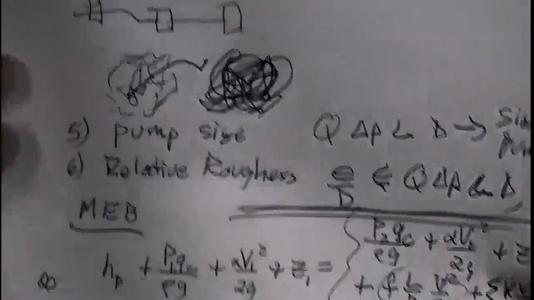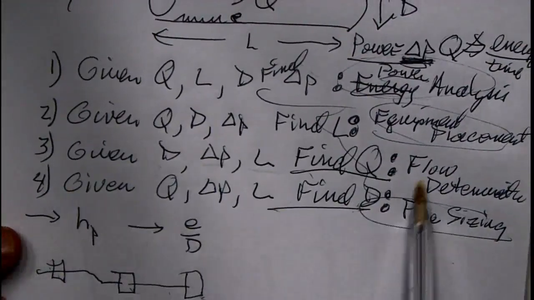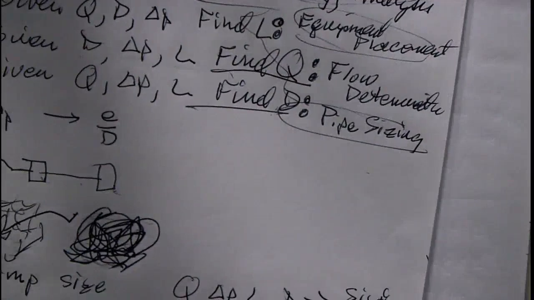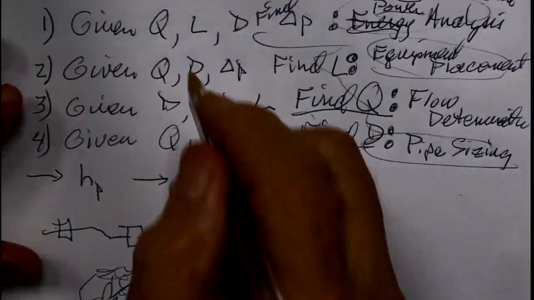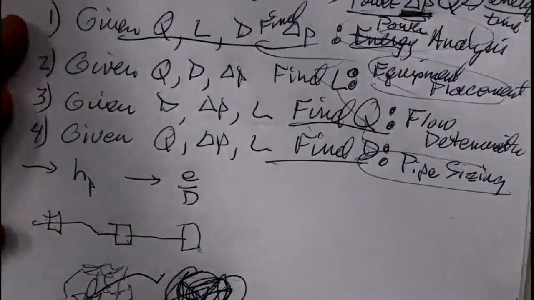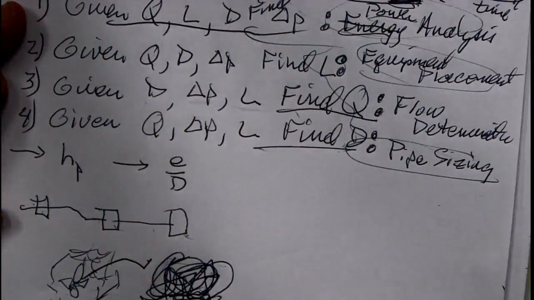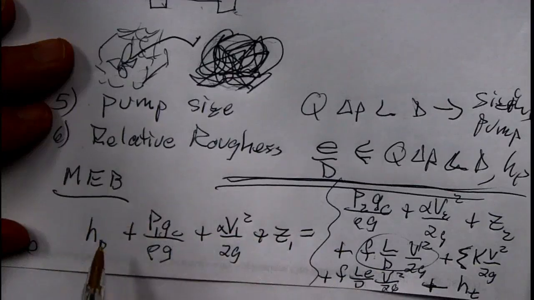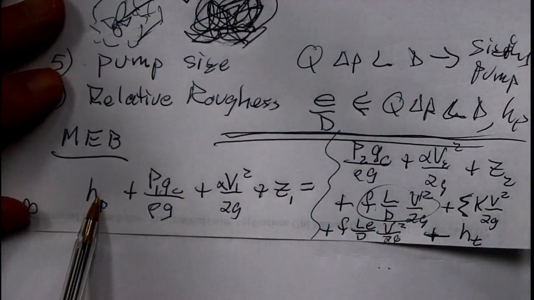Very important. So those are the 4 different pipe flow problems. Very nice. And they all begin with the mechanical energy balance. Let's take the first one up here, unknown pressure drop. So we come to our pumping system, and unknown pressure drop becomes a number.